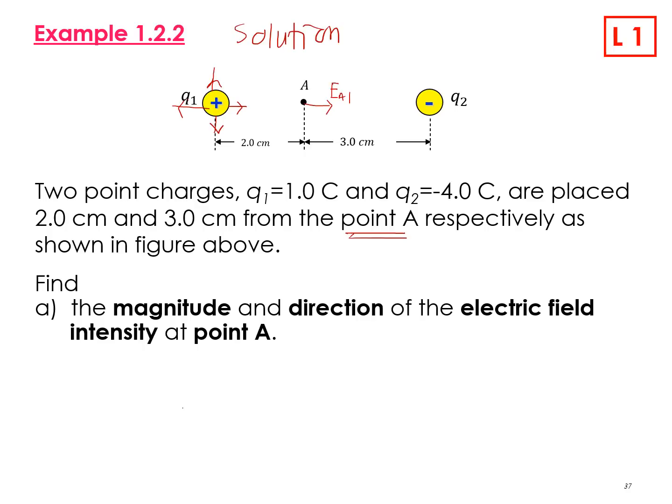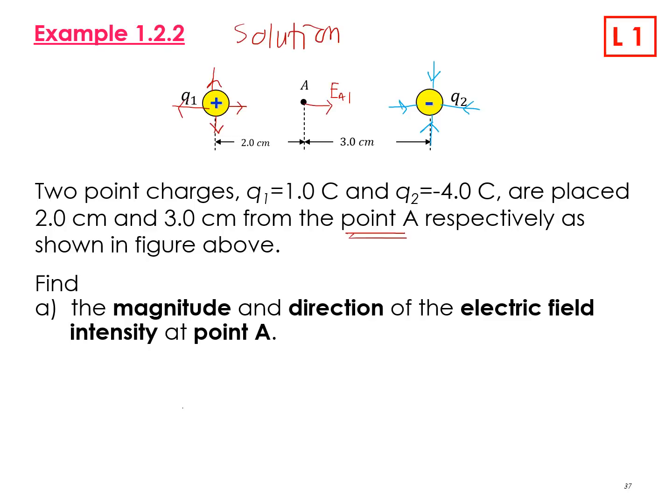So for Q2, it is negative. So if negative, you just sketch the electric field lines. The electric field is inward for a negative charge. So this point charge is negative.